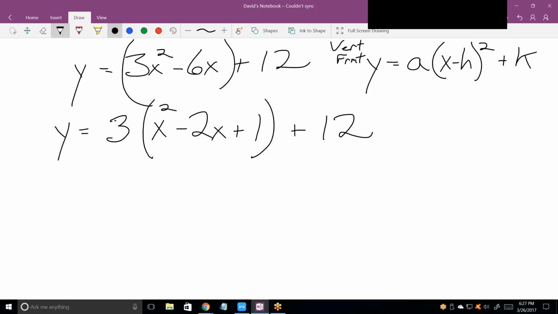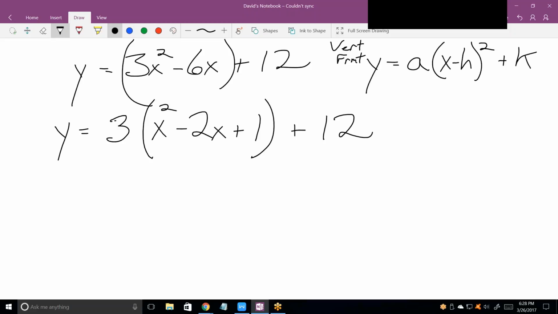Now, when I just wrote a 1 in there, I changed the expression. It's no longer the original expression I had. So if I want it to be exactly the same as the original, I've got to counterbalance that. I've got to subtract the amount that I just added from the same side of the equation. Well, how much did I just add? 1?